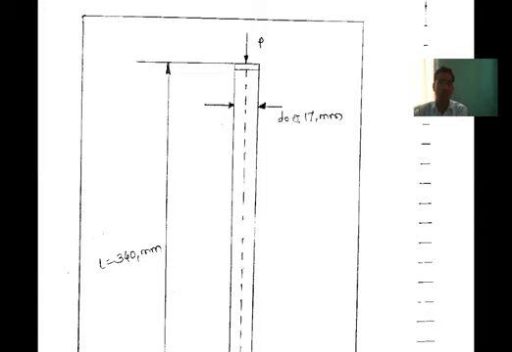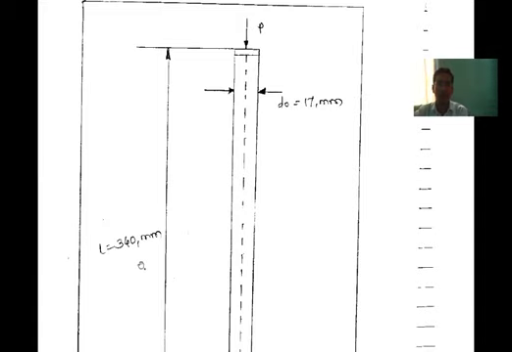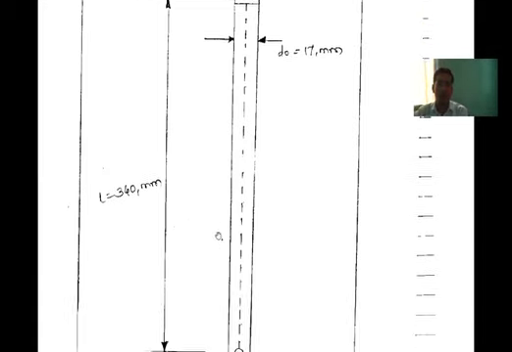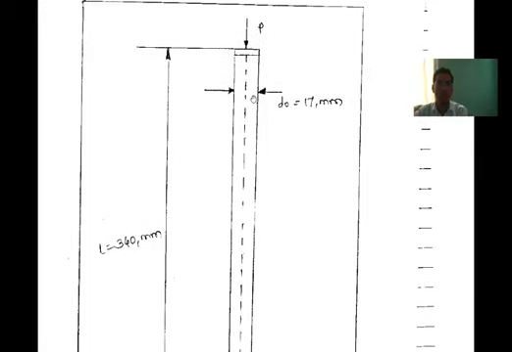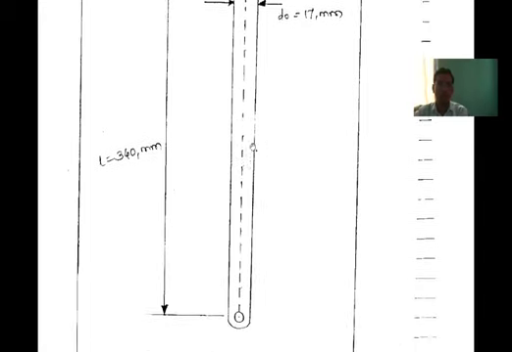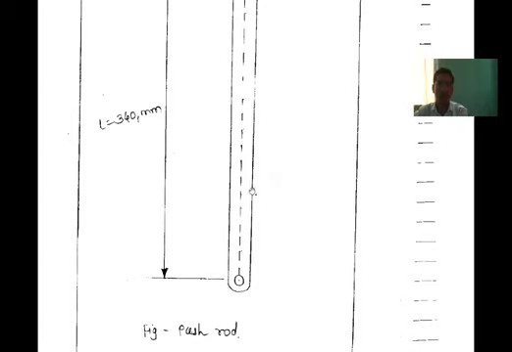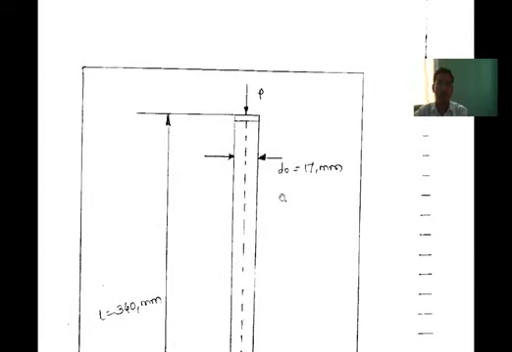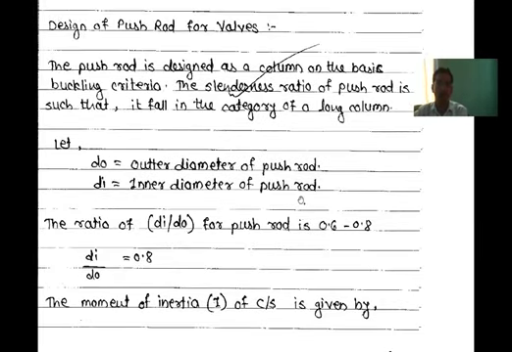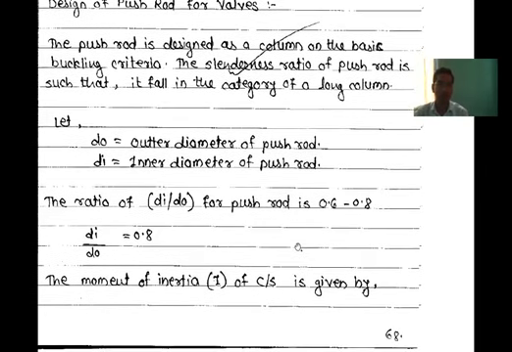DO is the diameter of the push rod, which is equal to 17 mm, and the length of the push rod will be equal to 340 mm. This is the axis of the push rod. In this way, we can design the push rod for valve based on its diameter and length.